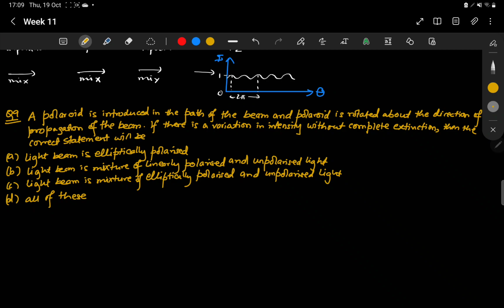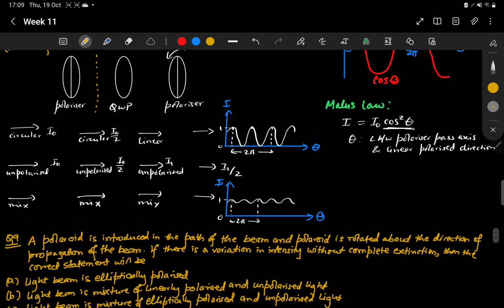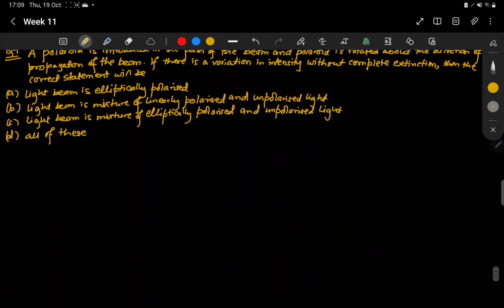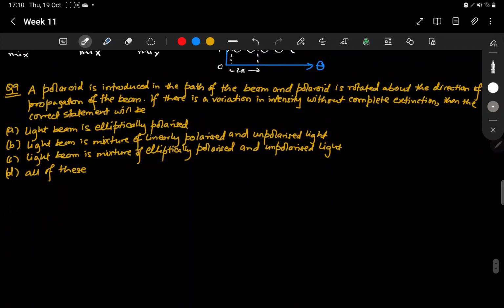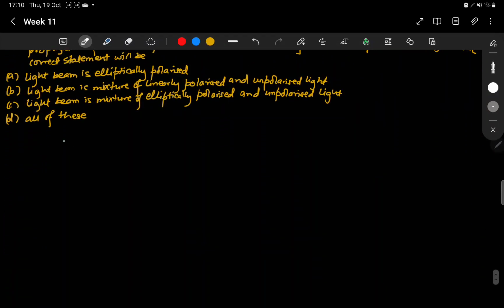Okay, let us now discuss the answer. Once again, I will draw the same setup. So we have the polarizer, then the quarter wave plate, and then another polarizer. Let me copy paste.